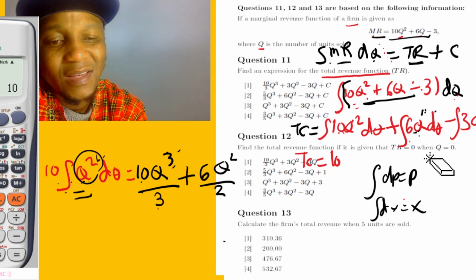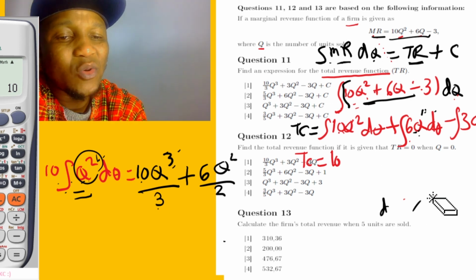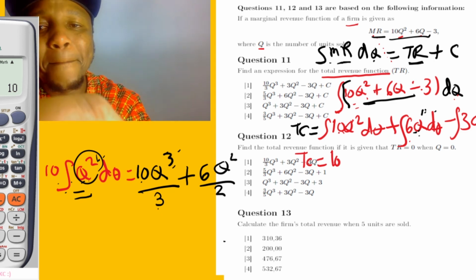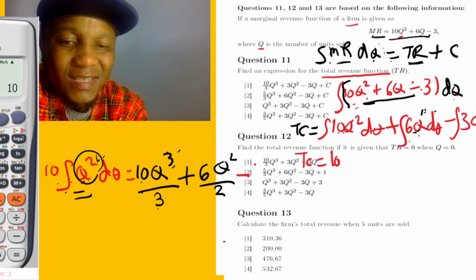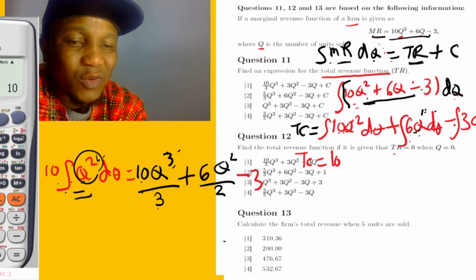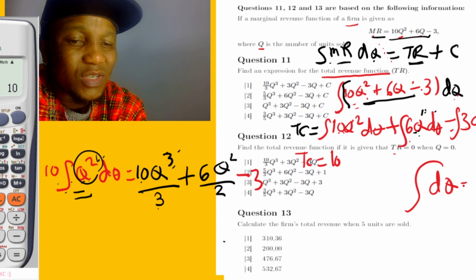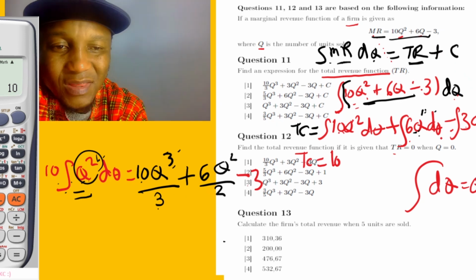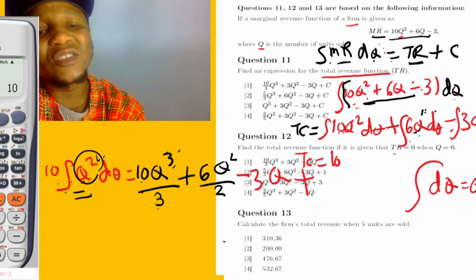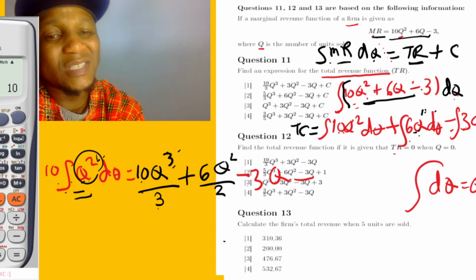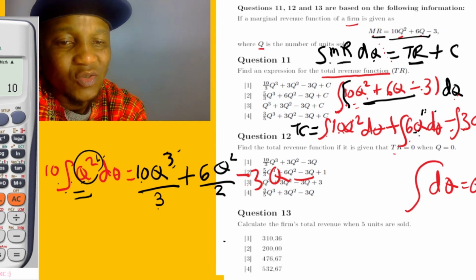For that case, we got minus 3, which is just a 3 that must go behind. It's a constant term. So we have an integral of dq, which is going to give us q. So it's going to be 3q. And we must plus a constant. You know why? Because we don't have a limit on this integral. There's no limit here.